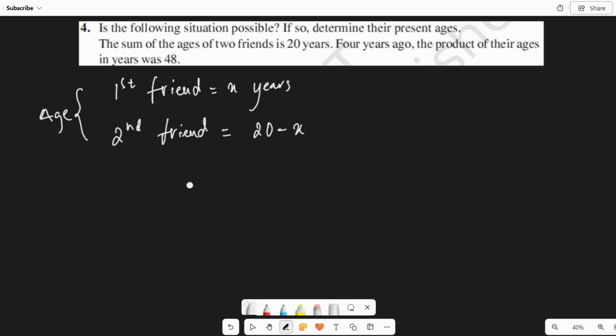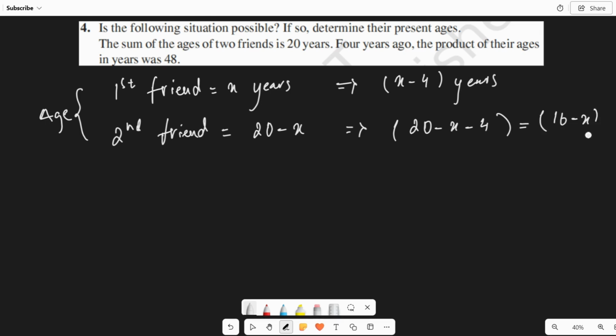Okay, so the next condition was that 4 years ago the product of their ages in years was 48. That means 4 years ago the age of the first friend will be x minus 4 years, and 4 years ago the age of the second friend will be equal to 20 minus x minus 4 years, that is 16 minus x years. Okay, so it is given that the product of these ages, that is x minus 4 into 16 minus x, will be equal to 48, and we just need to solve this.